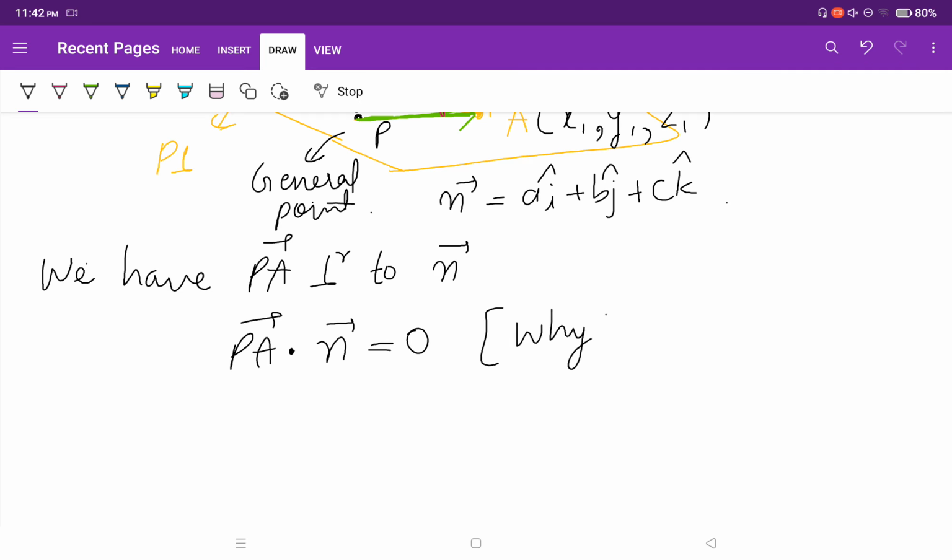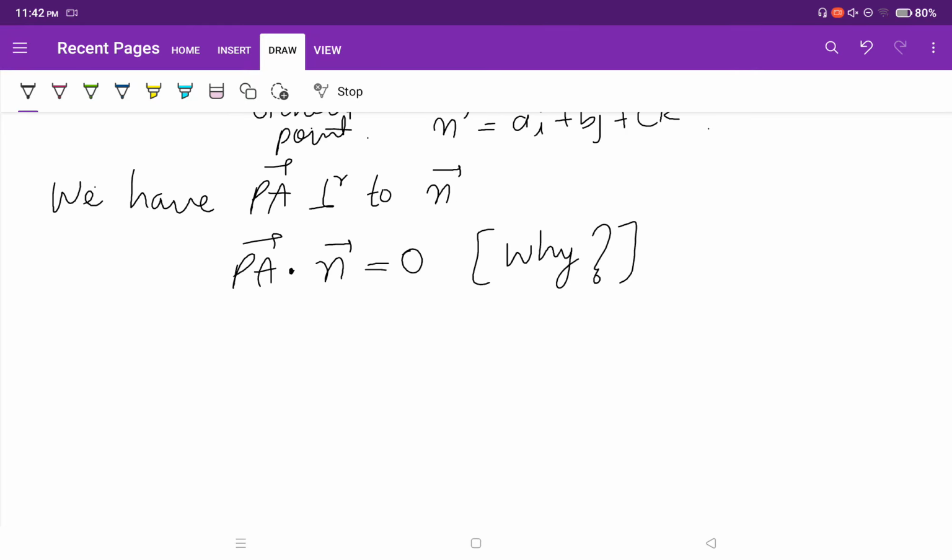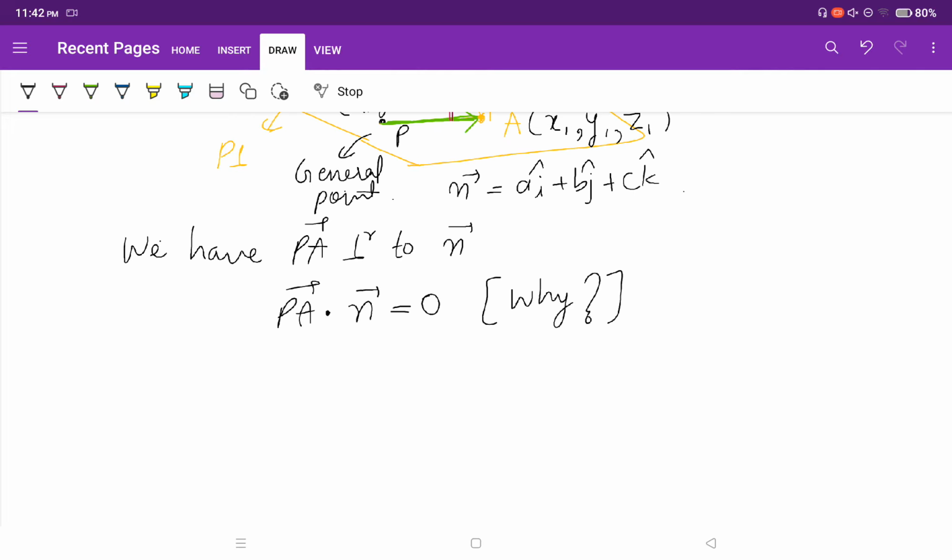Why? Because PA vector is perpendicular to N vector, which implies there is a 90 degree angle between them, and the cosine of 90 degrees is 0. So we will have PA vector dot N vector equals 0.